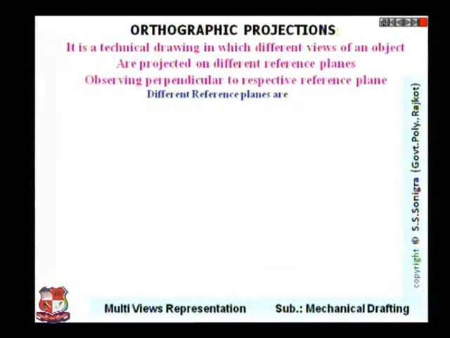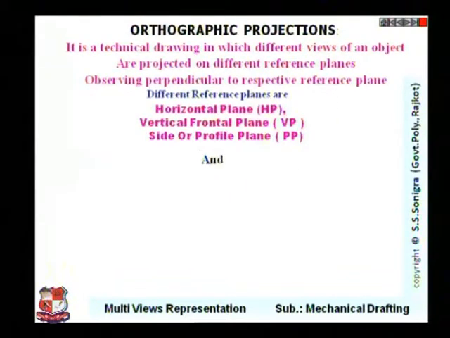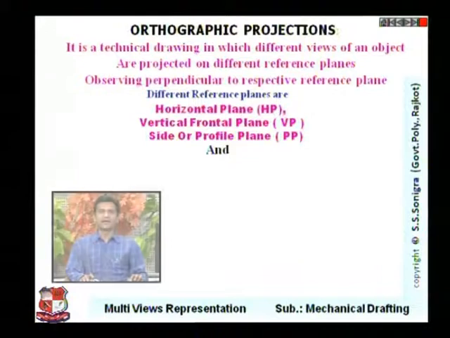Orthographic projection is a technical drawing in which different views of an object are projected on different plane surfaces, that is different reference planes, observing perpendicular to the respective reference plane. Three reference planes are there: the horizontal plane, the vertical plane which is called VP, and the side or profile plane.